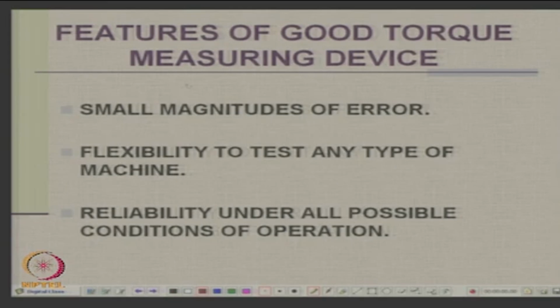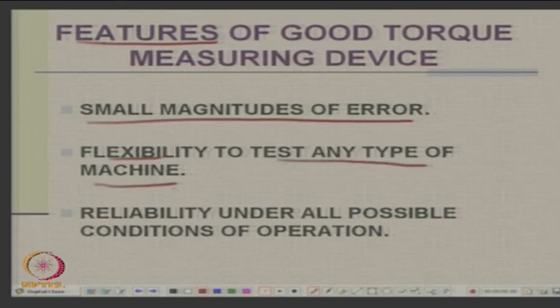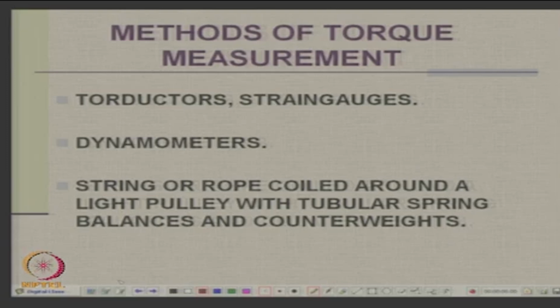Then what are the features you expect for torque measurements? Small magnitudes of errors, flexibility to test any type of machine, and reliability under all possible conditions of operation. These are some of the issues connected with torque measurements.